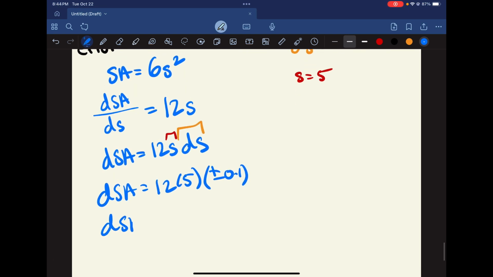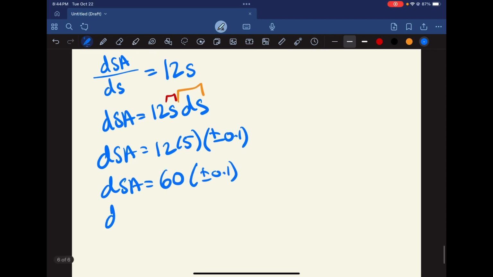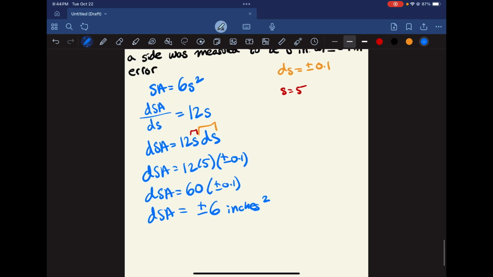So dSA equals 60 times plus or minus 0.1, which equals plus or minus 6 inches squared, because surface area would be squared. So that would be our answer there.